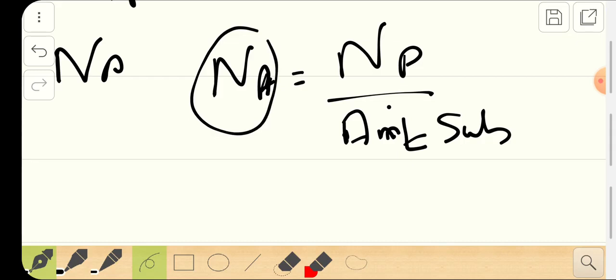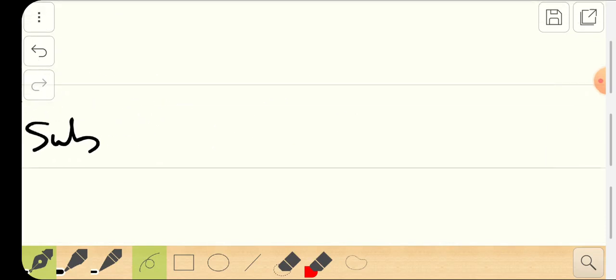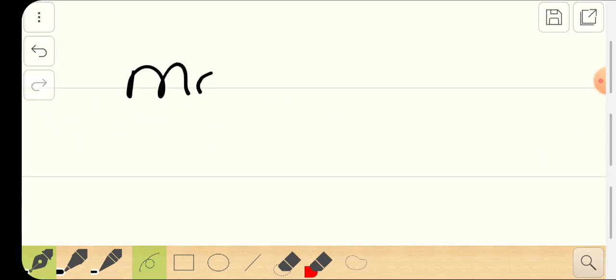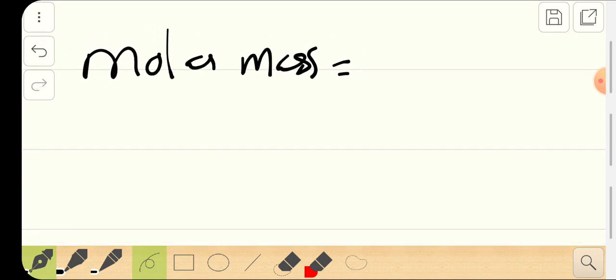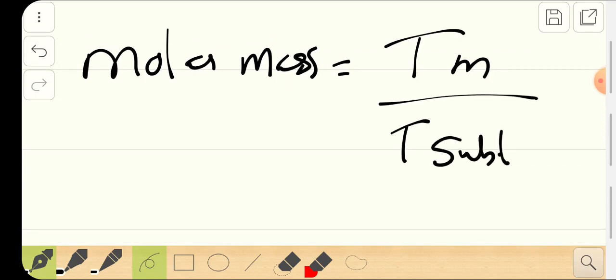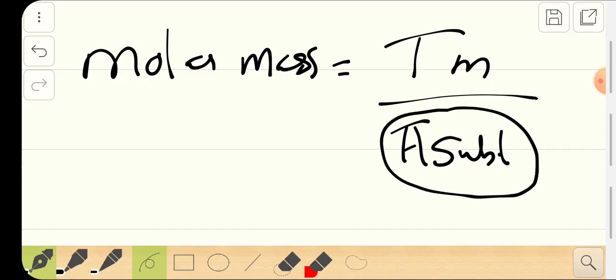Now with that in place, let's find out something called molar mass. Molar mass is equal to the total mass divided by the total amount of substance. This amount of substance is called mole, right? The amount of substance in one single unit is called 1 mole.